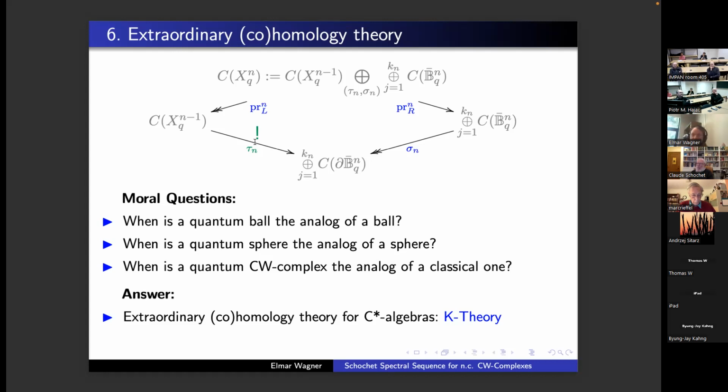So the preferred choice of a homology theory is K-theory, taking K-theory and trying to construct quantum CW complexes that conserve the K-theoretical invariance.